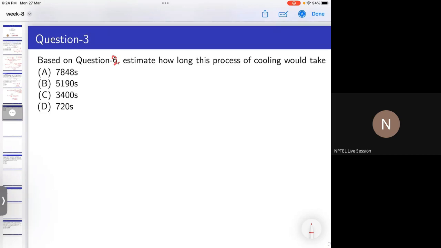First, we have to find out the amount of heat rejected by the board from the m Cp dT equation. Then we have to find the convective heat transfer rate. When we divide by the rate, we get the total time required for cooling.